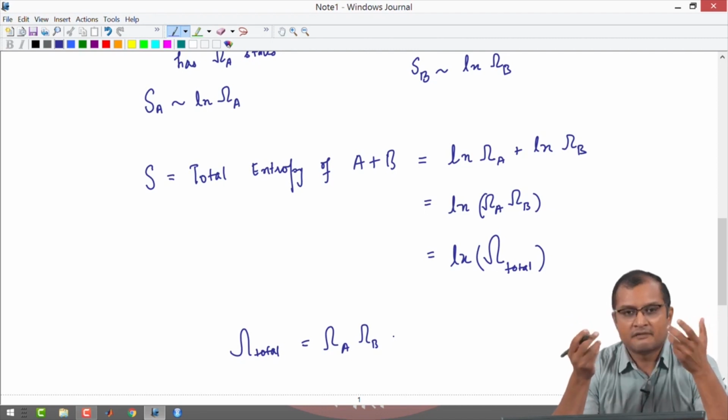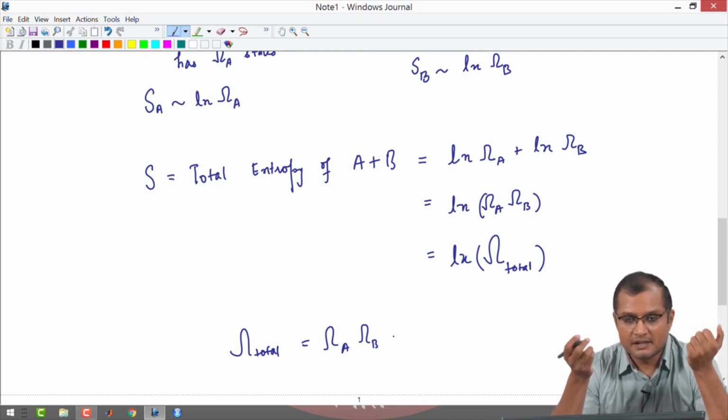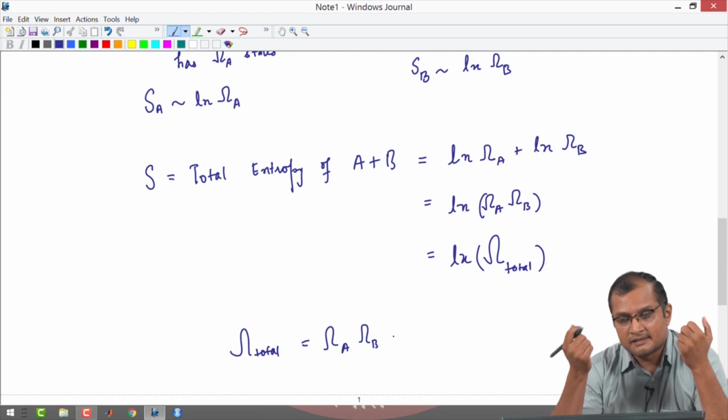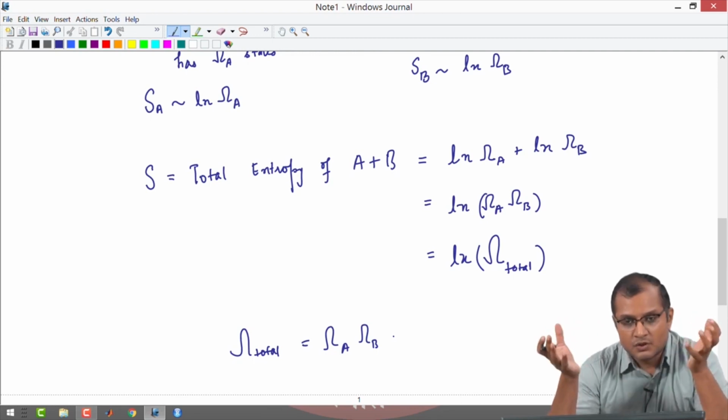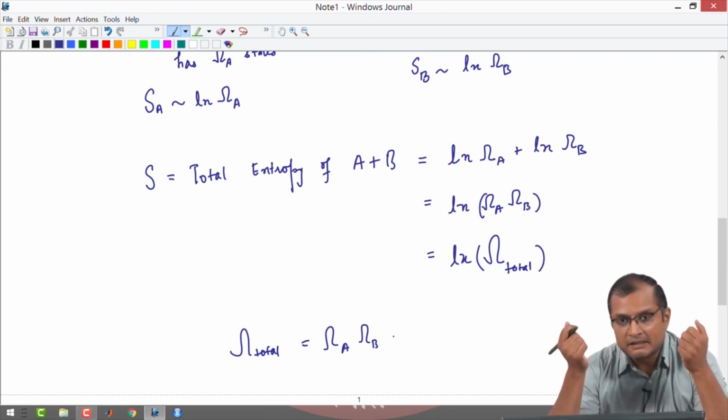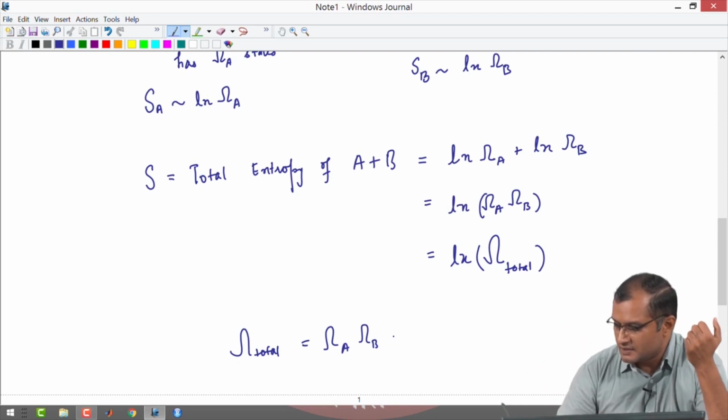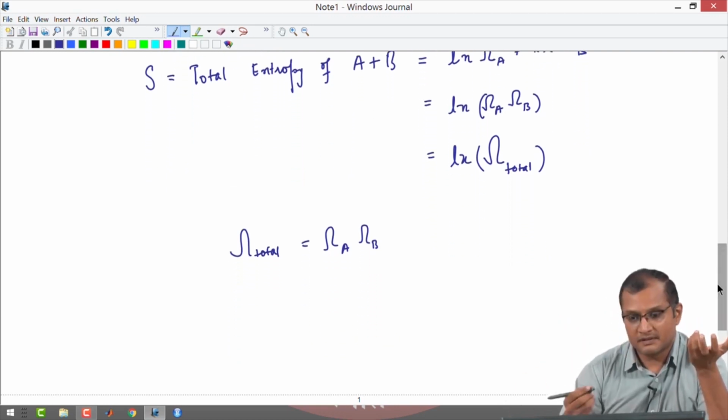So, if you have the first system existing in 5 states and the next system existing in 6 states, a joint system would definitely exist in 30 different states, which is precisely what is written here.